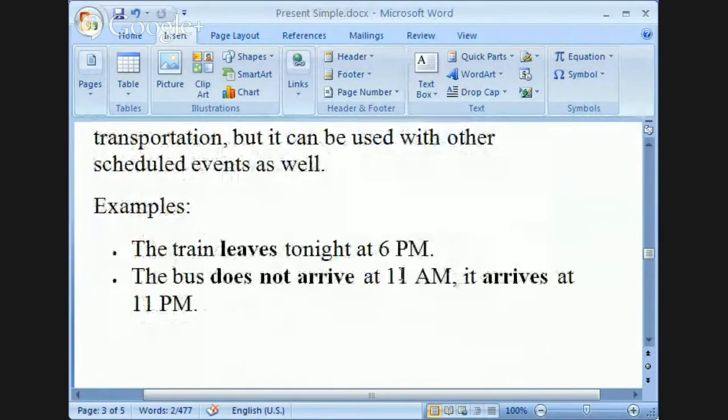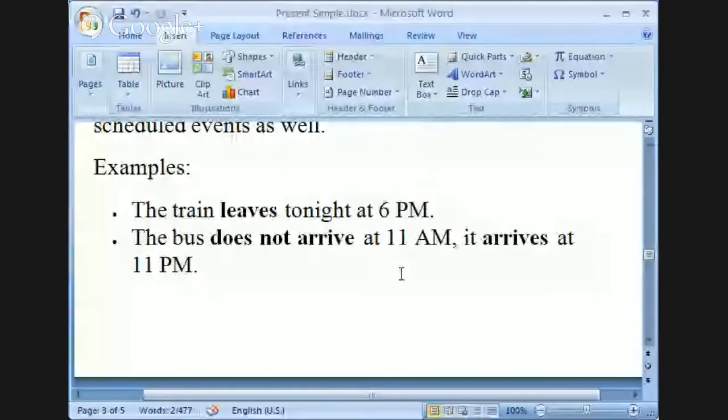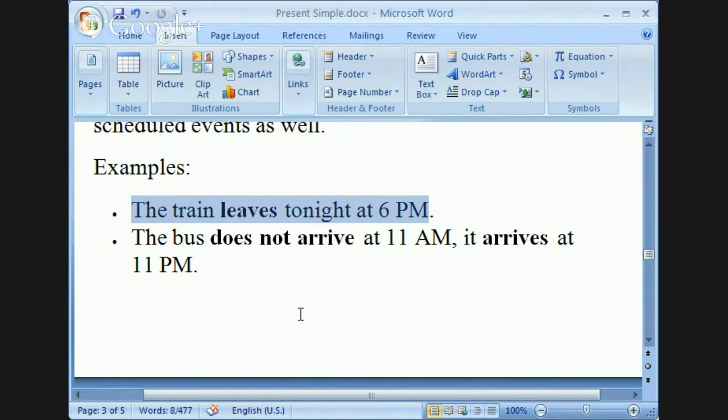Well, I think it's best to look at examples. Now, earlier, I told you that it's often common to use present simple to talk about transportation schedules. Well, here we go. The train leaves tonight at 6 p.m. Earlier, we looked at using present simple to talk about a regular, over and over event. Here, we're talking about a future event.